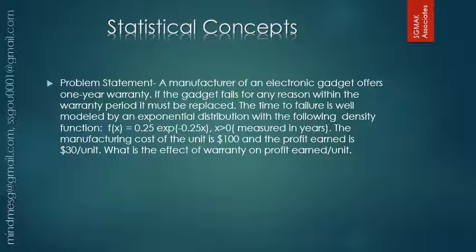But when you offer a warranty, a percentage of what you have sold will fail during the first year and they have to be replaced free of cost, and that will lower the profit per unit, and that's what we want to find out. We'll have a profit per unit which will be lower than $30 per unit due to warranty.